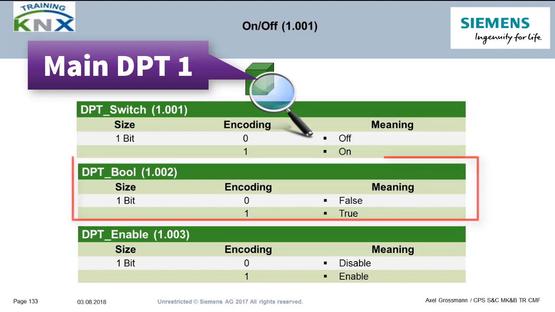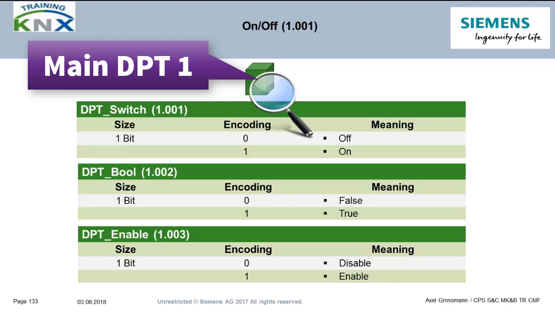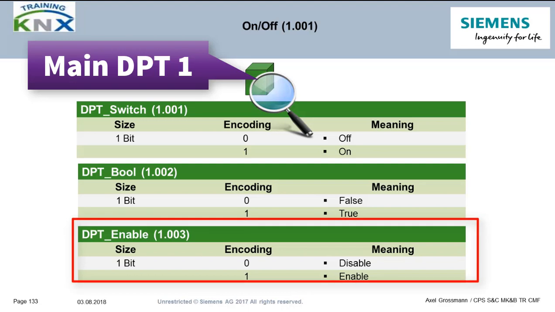The same combination for Boolean values means 0 equals false, 1 equals true. Both data point types 1.001 and 1.002 are understandable with common sense.